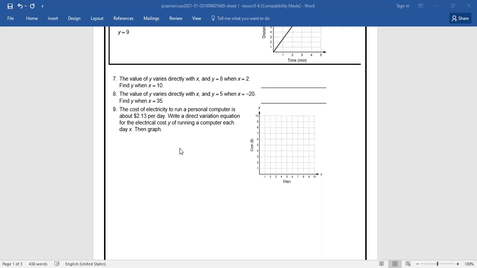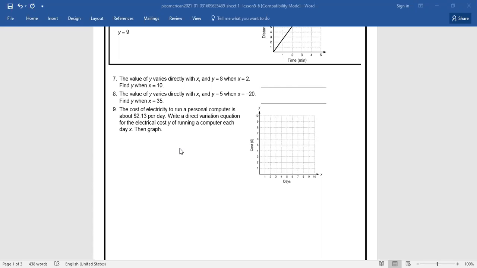Look at question number 9. The cost of electricity to run a personal computer is about $2.13 per day. Write a direct variation equation for the electrical cost y of running a computer each day x. How can we write the equation here?